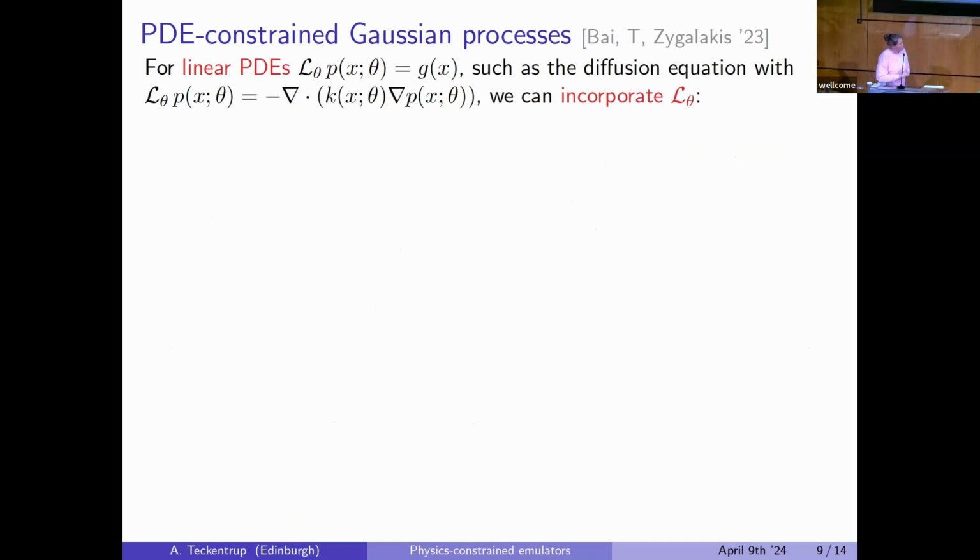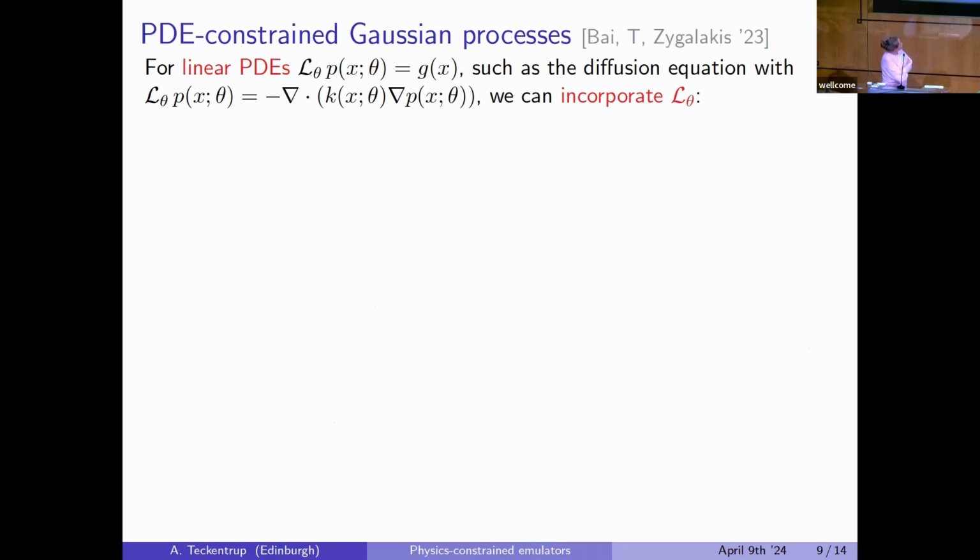So if you do want to include the PDE constraints, you can do that as well. Incorporating linear constraints is relatively straightforward, right? So you just use that when you apply a linear operator to a Gaussian process, you still get something that's Gaussian. Nonlinear constraints and nonlinear PDEs are a lot more difficult, but there is some work on that as well.